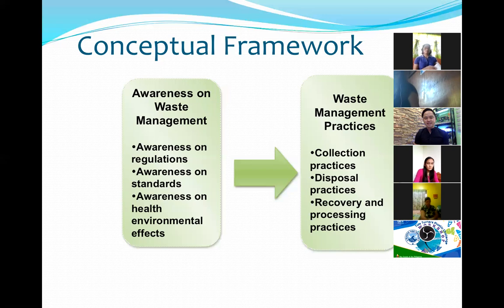Tapos pwede mo sabihin na awareness on waste management refers to awareness on regulations, awareness on standards, and awareness on health and environmental effects. Meanwhile, waste management practices would refer to the respondents' collection practices, disposal practices, and recovery and processing practices. So that's how you discuss the IV and DV or the conceptual model.